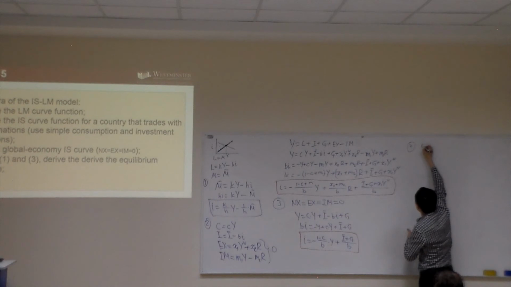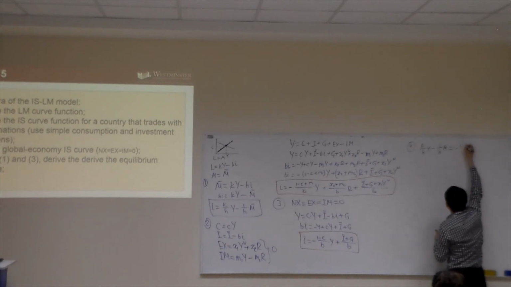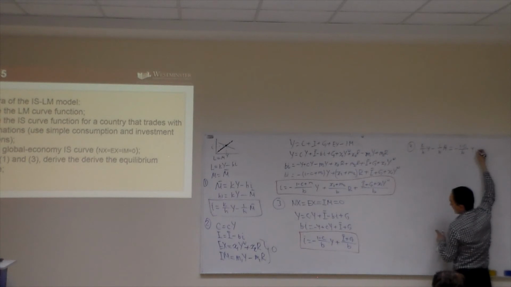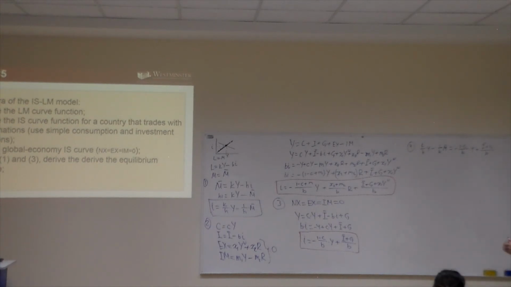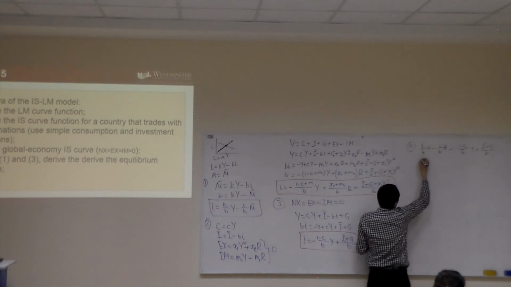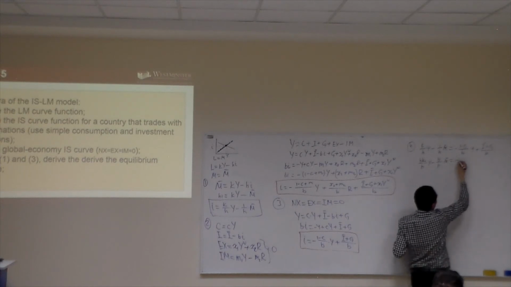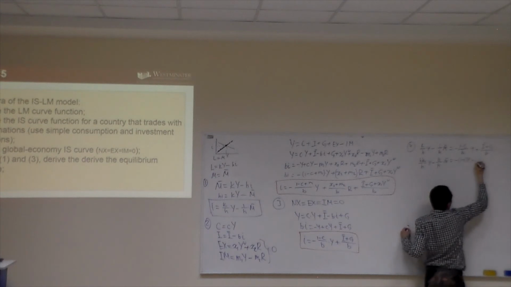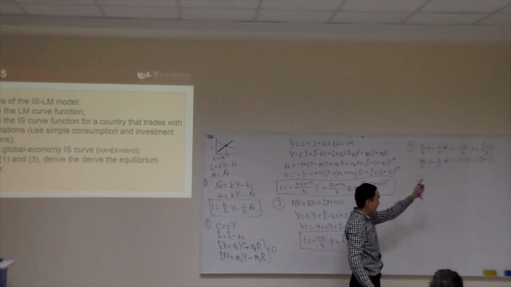Which is expressed as K over H Y minus 1 over H money supply is equal to minus 1 minus C over B times Y plus autonomous investment plus G over B. If I multiply both sides of this equation by B to make it simpler, then it's going to give us BK over H times Y minus B over H times money supply is equal to minus 1 minus C times Y plus autonomous investment plus government spending, because the B's will be cancelled out.